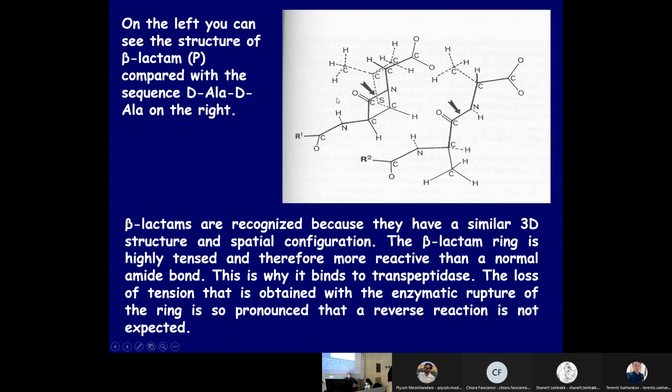Here in this picture, you can see the similarity of the chemical structures of the D-Ala-D-Ala tail and the similarity with the beta-lactam ring.